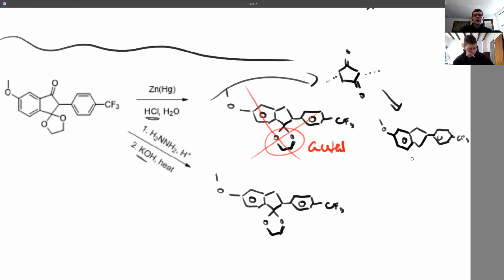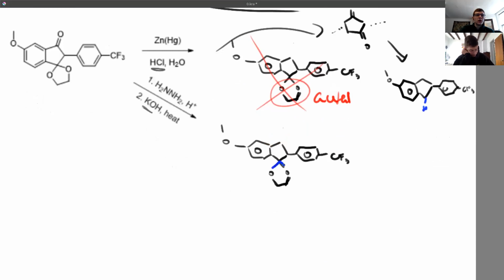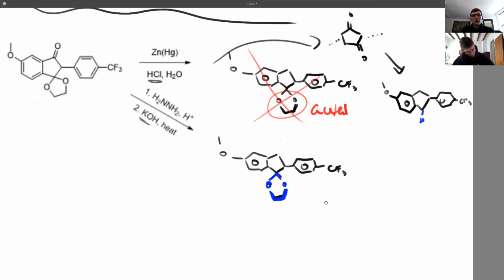Because here, we just have a hydrogen, and over here, we have still this acetal. So we just destroyed the acetal. We just knocked it off the top product. Yes.